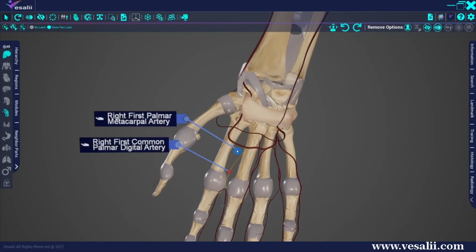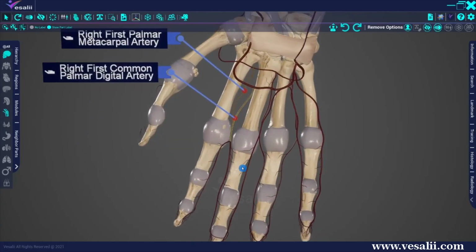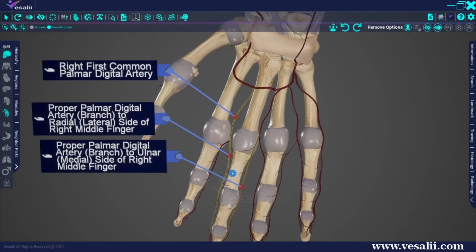Each receives the corresponding palmar metacarpal artery from the deep palmar arch before dividing into 2 proper palmar digital arteries that enter the fingers. The proper palmar digital arteries from each pair run along the adjacent sides of the index, middle, and ring fingers.